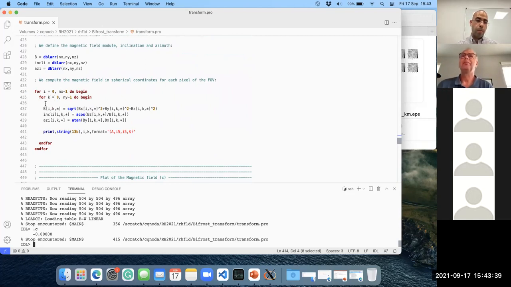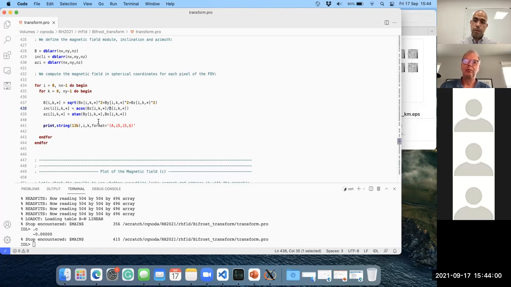Then we compute the field strength as the square root of the sum of the squares of all three components. Then the inclination is derived this way, using the B computed in the previous step, so you have it already. And then the azimuth can be obtained like this. So basically with this loop, you are already transforming everything to spherical coordinates.